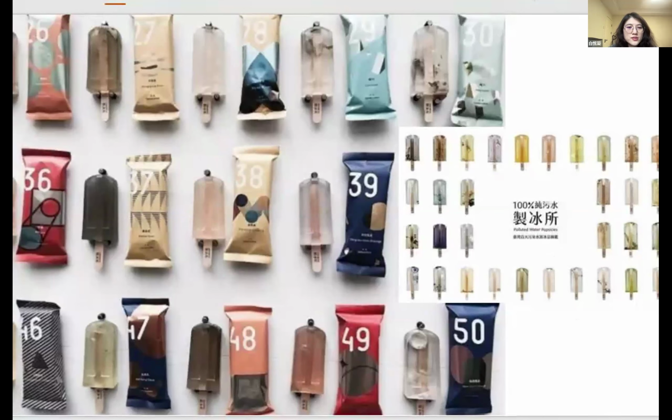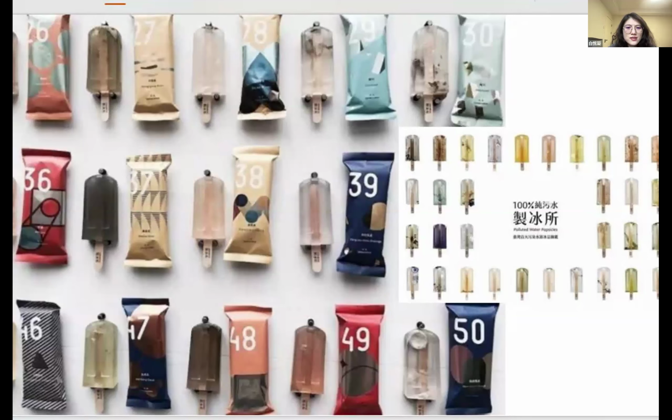What their angle focuses on is that they collected over 100 samples of polluted water from Taiwan and froze them in the fridge, and used the pattern from the polluted water to create the packaging and gave each of them a number.